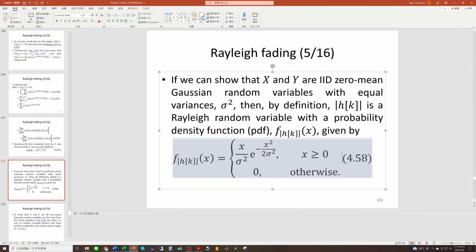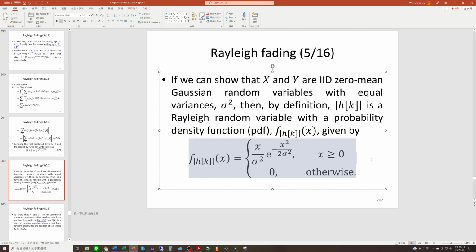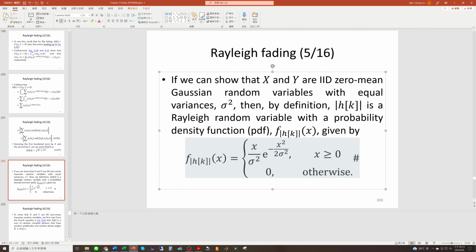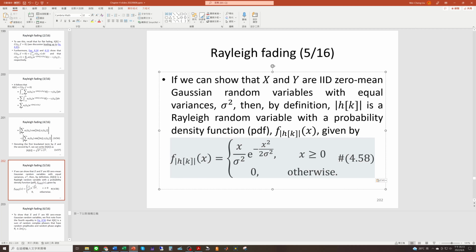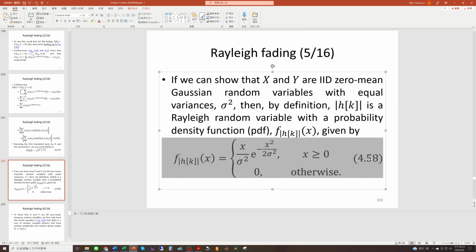This equation number is in the wrong place. Let me correct it. Good.